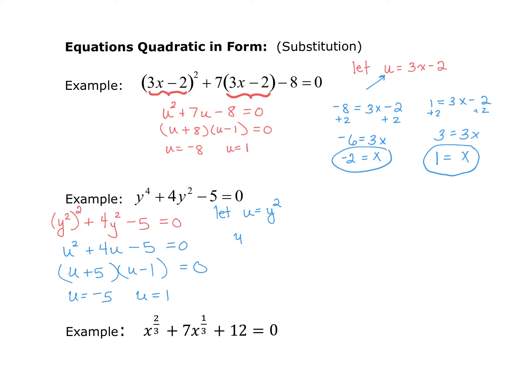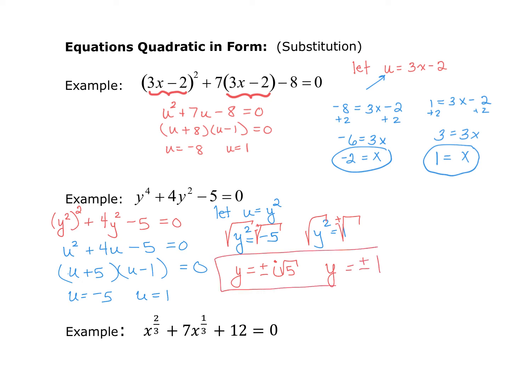So I get y squared equals negative 5, and also y squared equals 1. And then I can take roots, not forgetting to take both the positive and the negative. And I get y is plus or minus i root 5, and also y equals plus or minus 1.